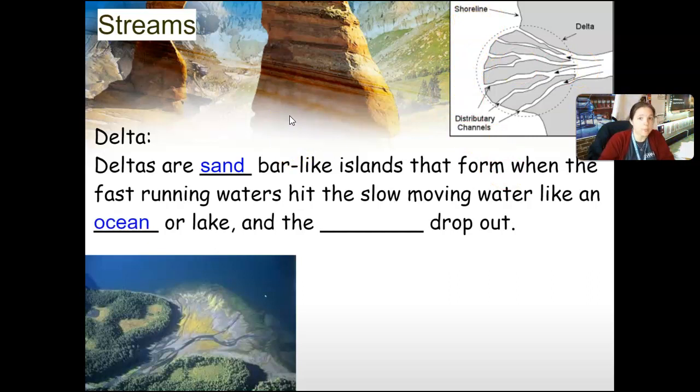And when that happens, the particles in suspension hit that slow-moving water, and like we said in the erosional unit, the dense particles drop out first. And then as it keeps going, all the other particles drop out. And because of this, it forms islands. All that deposition forms as the sediments drop out.